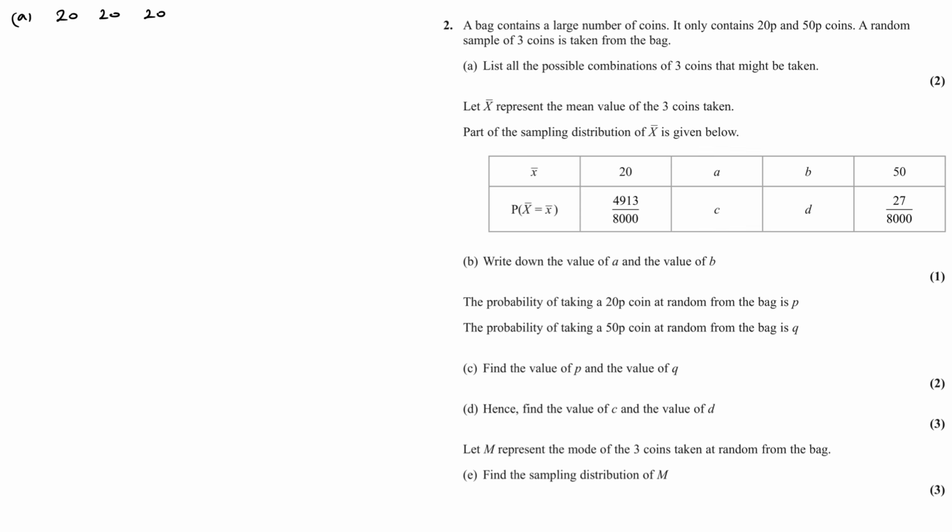So 20, 20, 20, 20, 20, 50. I sometimes do these in little sections. So I've got 20, 50, 20, and 50, 20, 20.